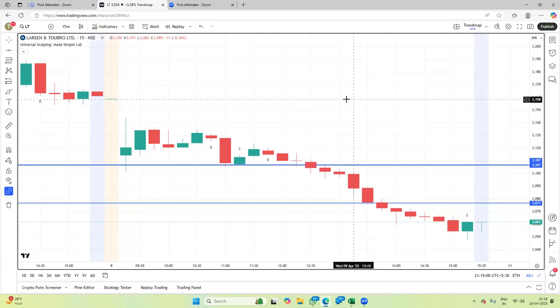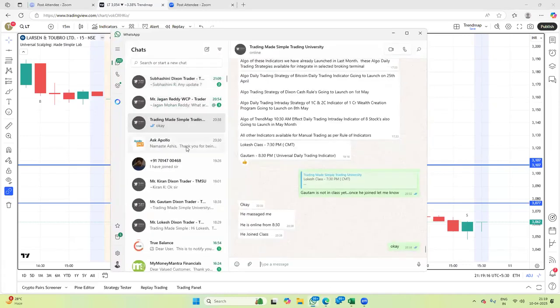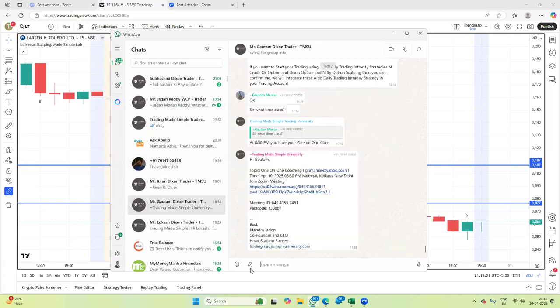This will be algo, and it actually needs to be algo, otherwise monitoring throughout the day is not possible, which we don't want. I'm now sending you this Word file in the group.